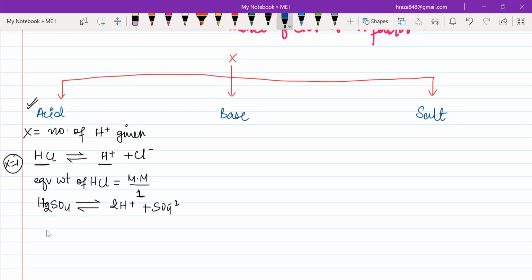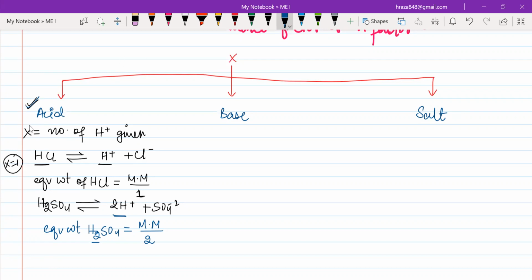So the equivalent weight of H2SO4 will be equal to molar mass, that is 98, divided by X, which has a value 2, because it gives 2H plus. Now you understand how to calculate the value of X.